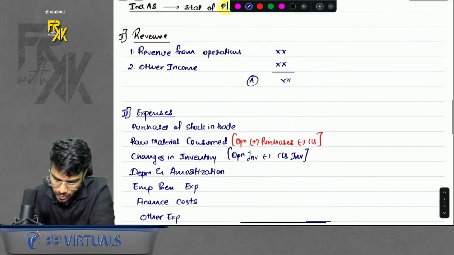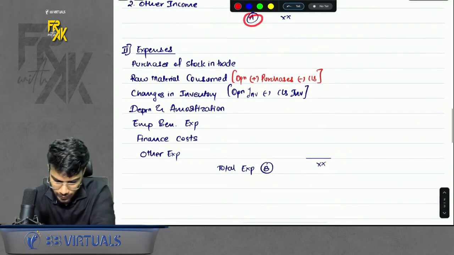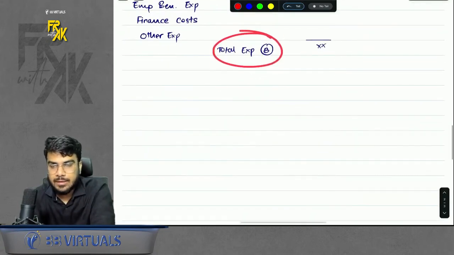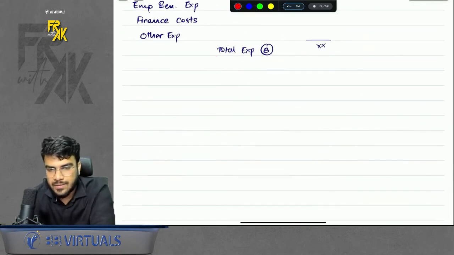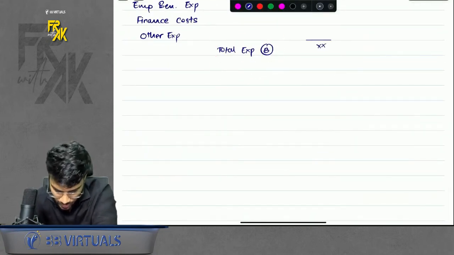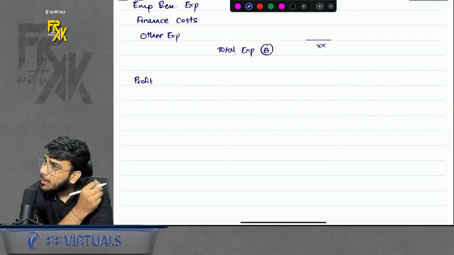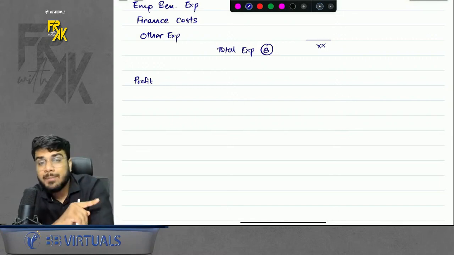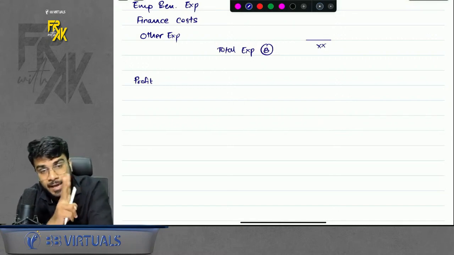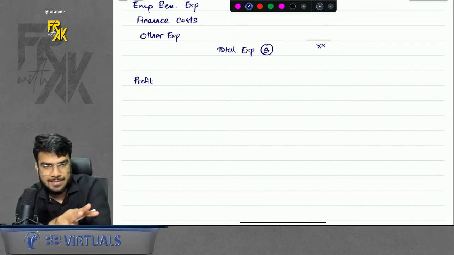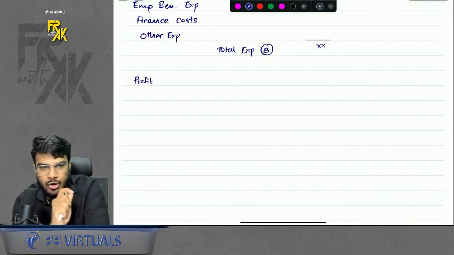So you got your total income. We computed our total expense. The netted off figure of this will be profitability, right? So ideally we will get profit. But as if you remember the format in AS, we used to have profit before exceptional items, extraordinary items and taxes, right? But under IND AS there is no such heading of extraordinary items.